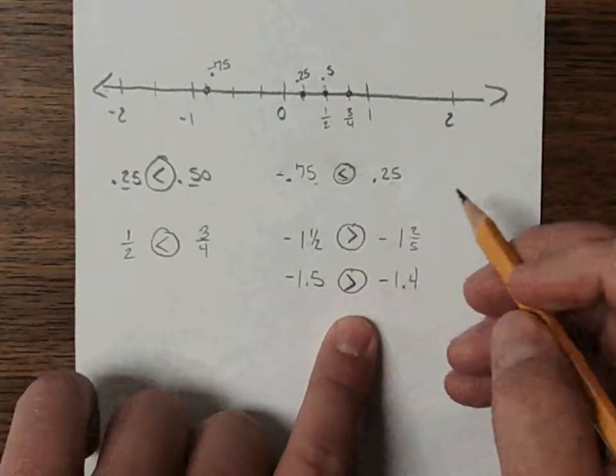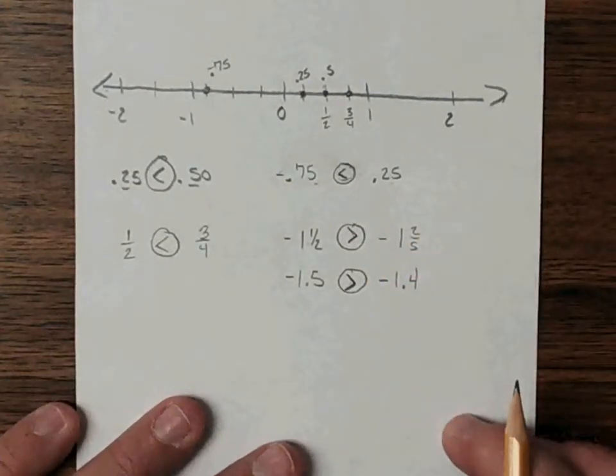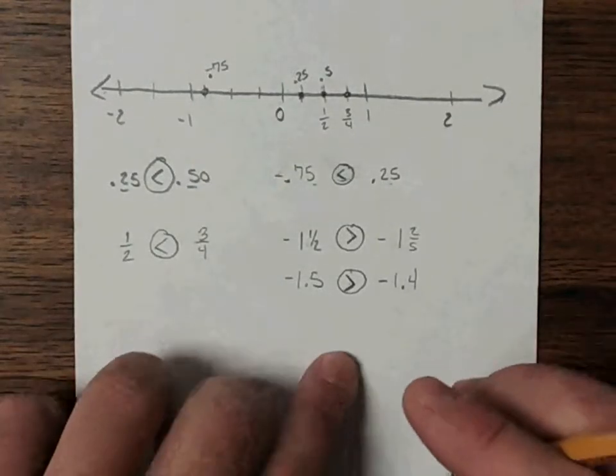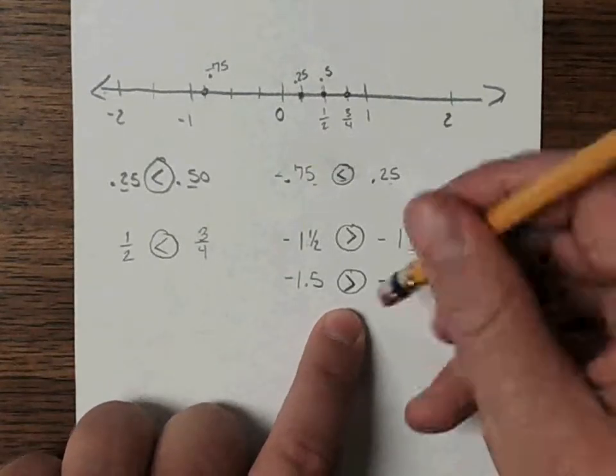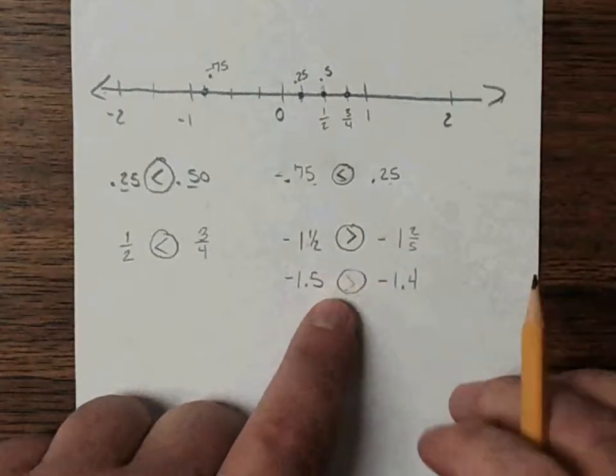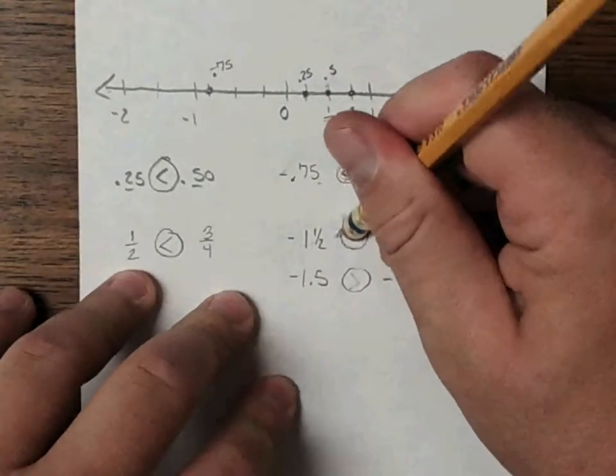So negative 1 1/2 is slightly larger than negative 1 2/5. Oh, I'm so sorry. I hope some of you caught that. Even though it's a bigger number. Let's graph it on the number line and double check that out.